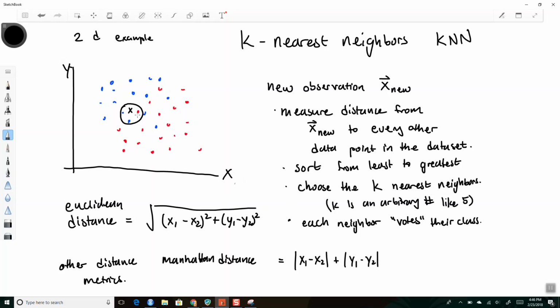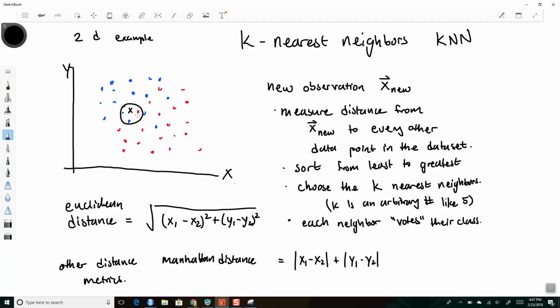Sometimes you end up with ties. For example, if k is equal to 5 and I have 3 classes, it's possible to get 2 red, 2 blue, and 1 yellow. Then you have to decide between the 2 red and the 2 blue. You have a few options.